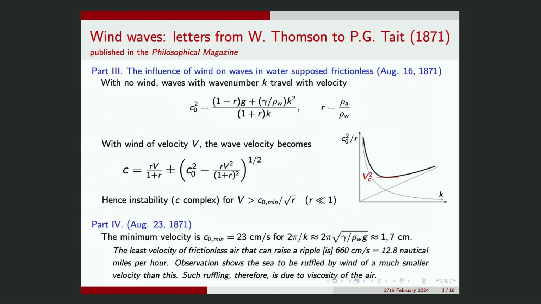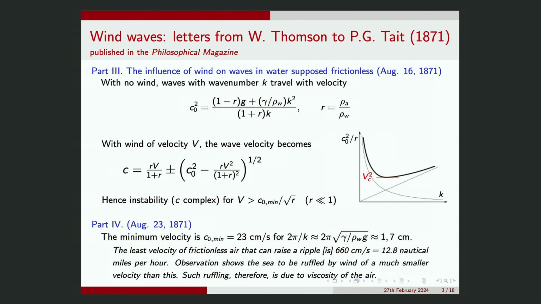In particular, Kelvin shows that with no wind, waves with wave number k travel with this velocity, where here you have gravity, here the surface tension gamma, and r is the ratio of the densities, which is very small for air and water.